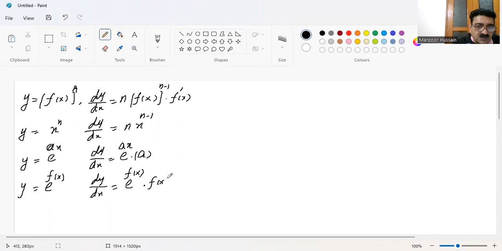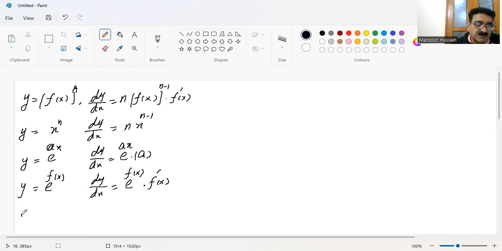So don't make any mistake or have any misconception with respect to these two formulas. Sometimes students assume we are writing this coefficient with it. Actually, the formula is you always write the derivative of the power with it. So it is the differentiation.